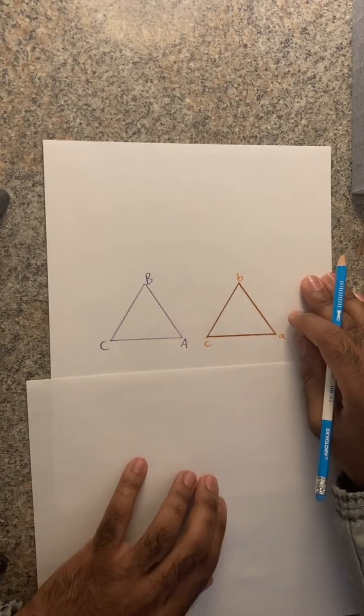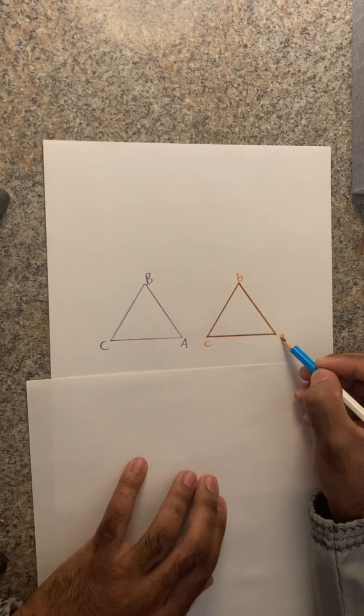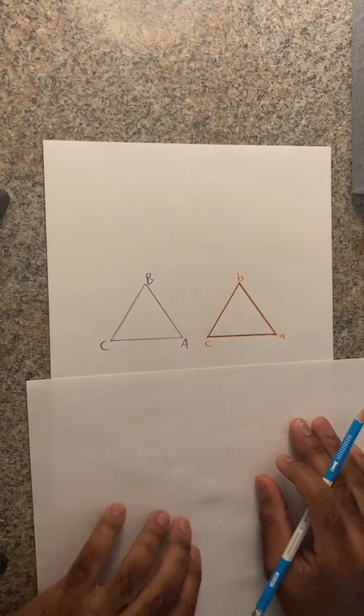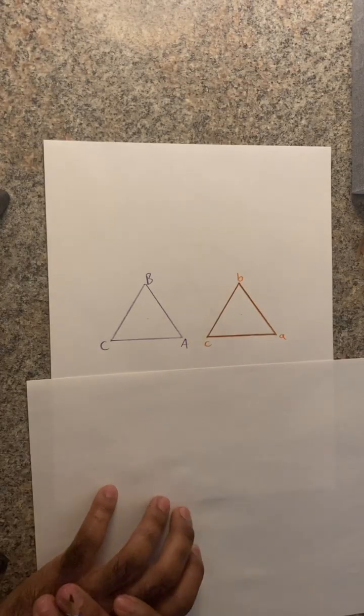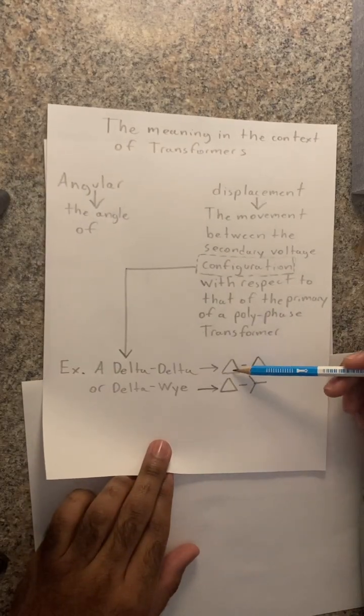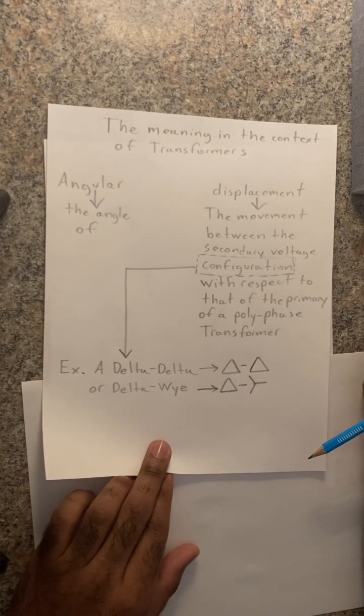Eventually, we will explain this further. So we have it that the displacement is 0 degrees here. I did explain that previously when we looked at this example.